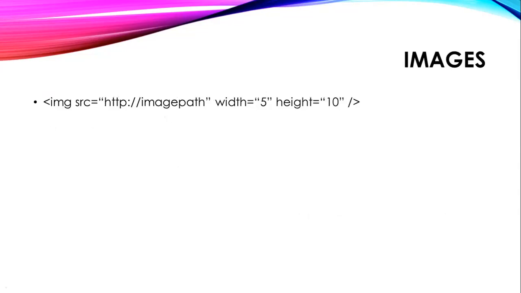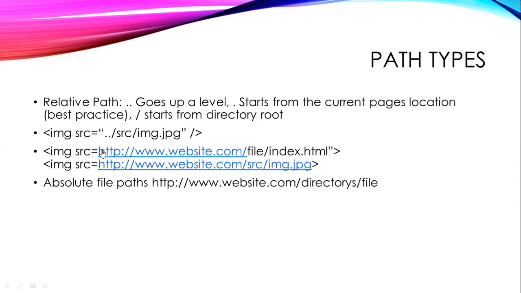And images. If you want to actually display an image in your browser, you'd use the img tag, and then the actual path of that image would be src is equal to quotes http, which is basically the URL of the image path, and you could define the height and the width of that image and display it in your browser. And then path types.